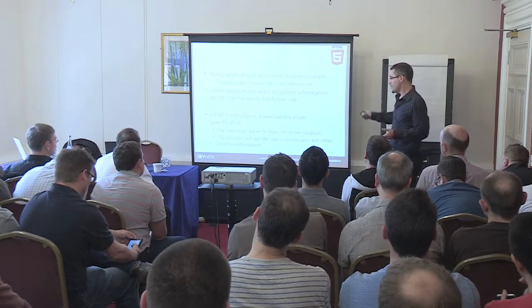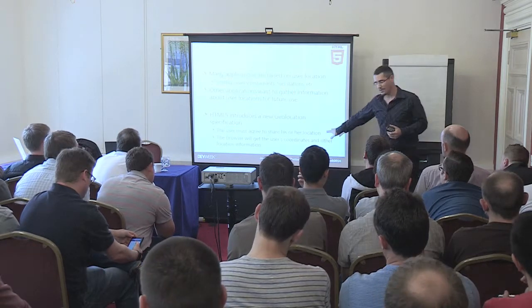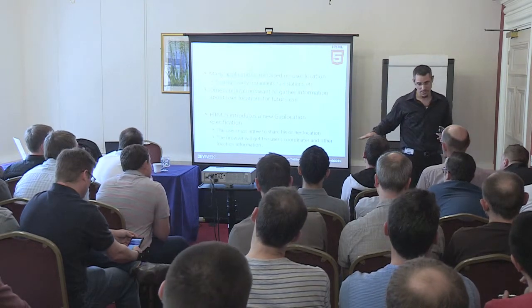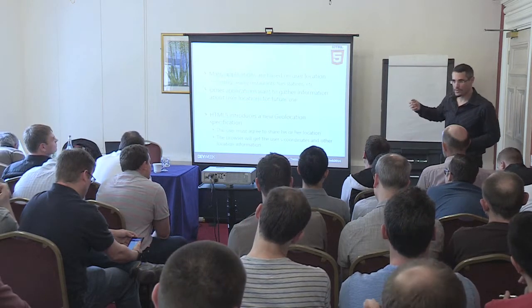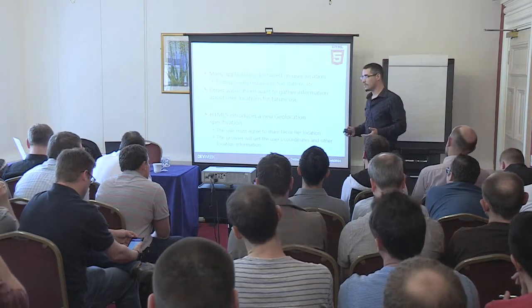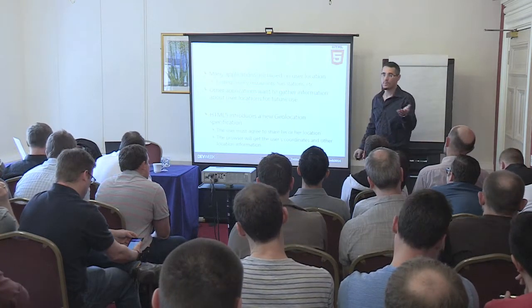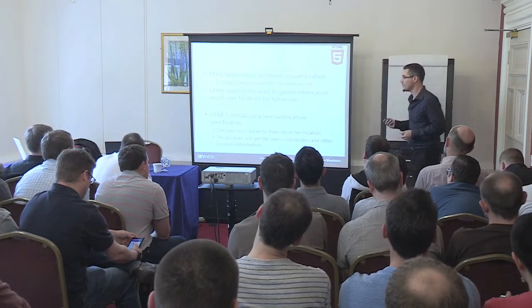HTML5 forces the browsers to check that you allow them to track your location, and the browser, if you say yes, will track your location and give it to the JavaScript.